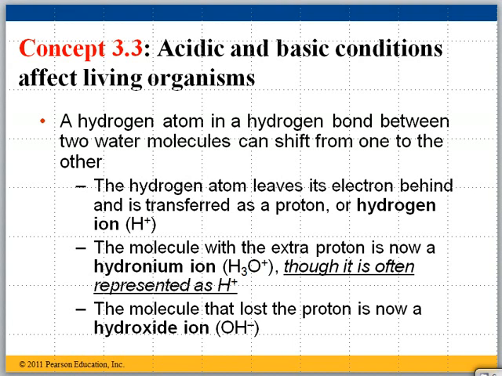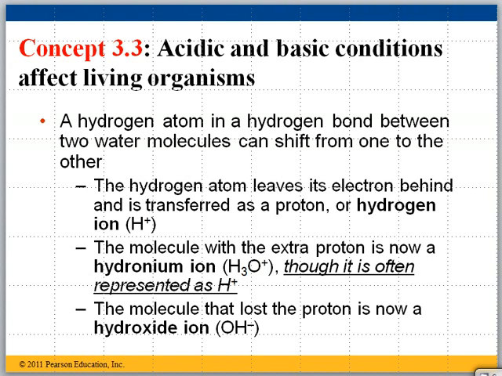Now this is called a hydronium ion, but something that can be confusing is that when we discuss this hydronium ion, we oftentimes shorten what we call it. Instead of calling it H3O plus, we simply refer to it as H plus. So that may be confusing to you, but if we talk about an H plus ion, we're actually talking about an H3O plus hydronium ion.